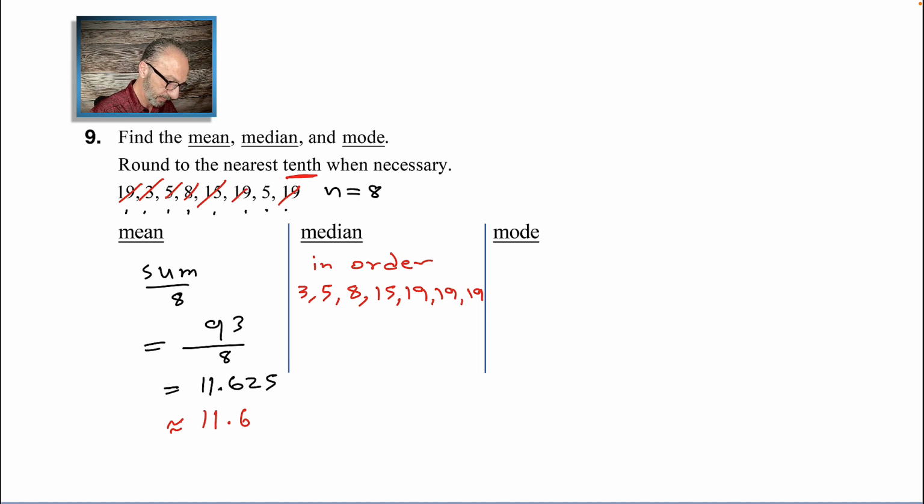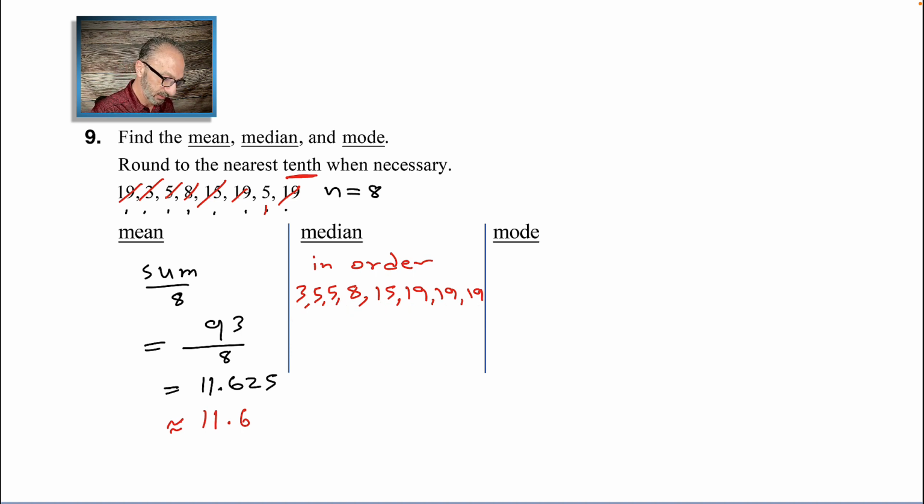Okay, I see another 5 right here, so I'm going to go back and add the 5 next to the other 5. So we have 3, 5, 5. Let's double check. We said n is 8, so here we go. 1, 2, 3, 4, 5, 6, 7, 8. So we're good.